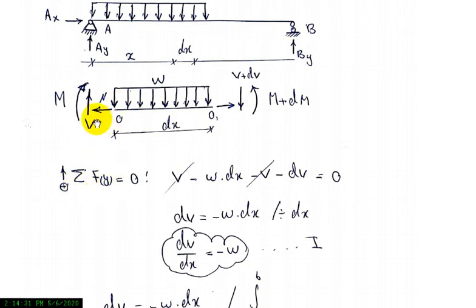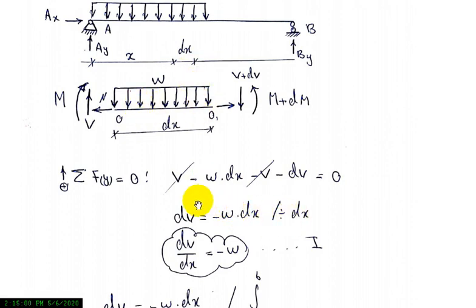We can write V minus w multiplied by dx minus (V plus dV) equal to 0. This positive and negative V finish, and we carry dV to the other side of the equation, so dV equals minus w multiplied by its length dx.